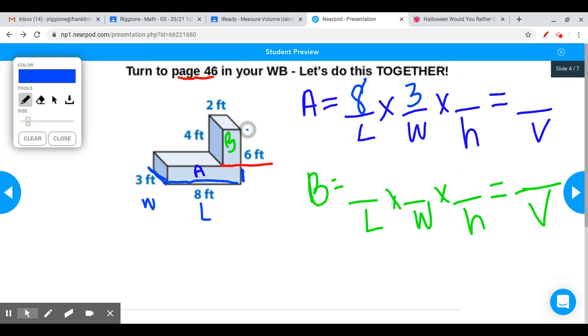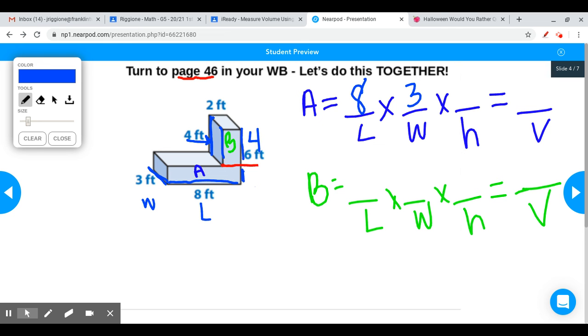Now, this whole entire side measures 6 feet, but I don't want the whole entire side. I only want this little piece down below. Well, I do see that over here, this 4 points to this piece right here. This line right there. Well, if that's a 4, that means that this is 4 and this piece is also a 4.